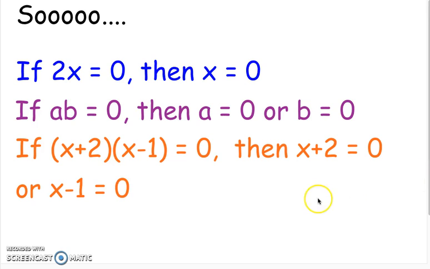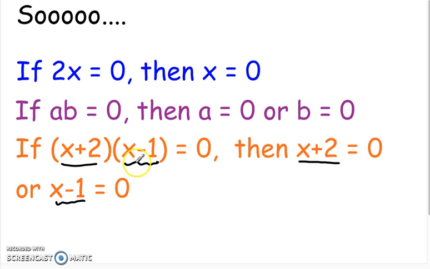If I gave you two binomials that had to multiply to 0, then one of the binomials would have to equal 0. Okay, so if I gave you two binomials that have to multiply to 0, like x plus 2 and x minus 1, then either x plus 2 has to equal 0 or x minus 1 has to equal 0.